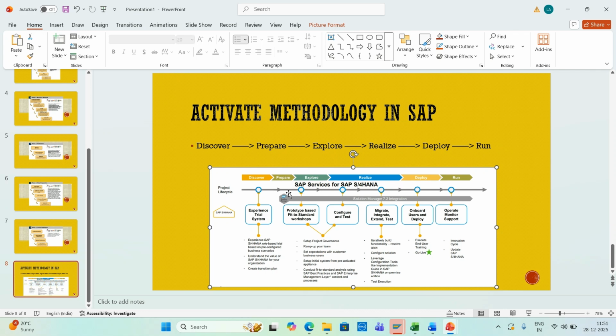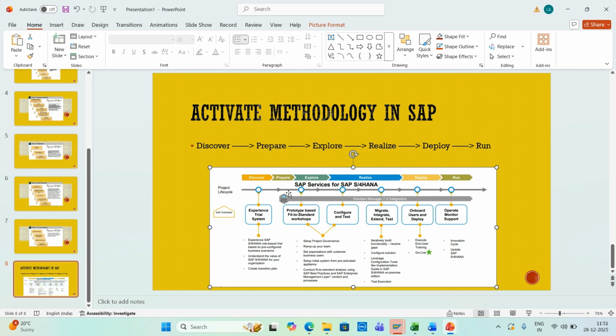There are many advantages if we go with Activate since it works on the Agile model. In discover, it is all about giving the customer an experience of the trial system so that he can be sure about what is being proposed. Prepare is about prototype and fit-to-standard workshops.